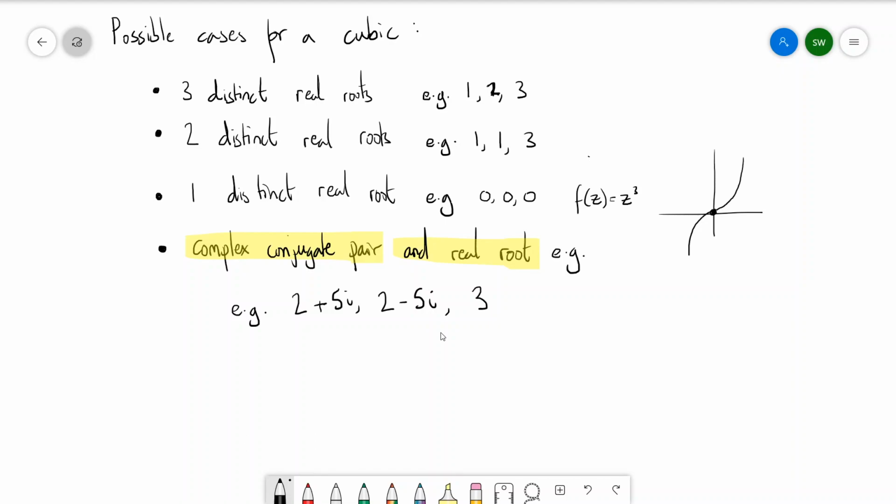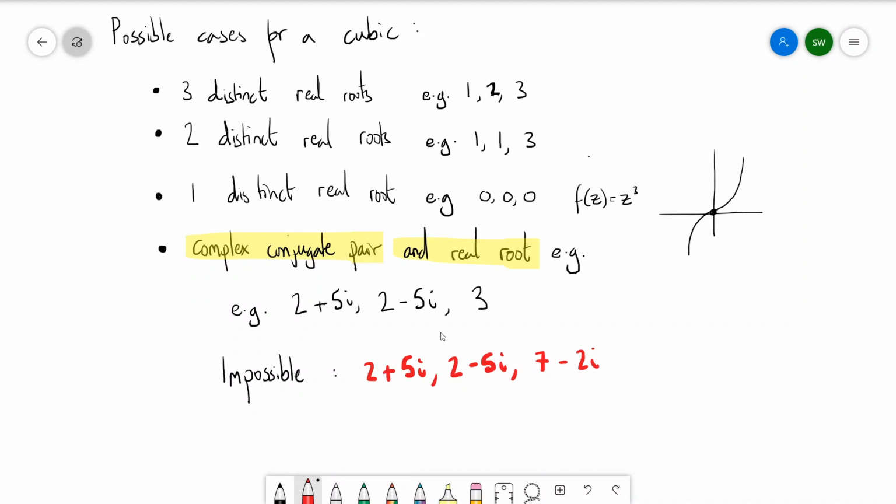Just one real root. What's impossible would be something like this. It would be impossible to have 2 plus 5i, its complex conjugate 2 minus 5i, and then the third root being another, different complex number, for example 7 minus 2i.